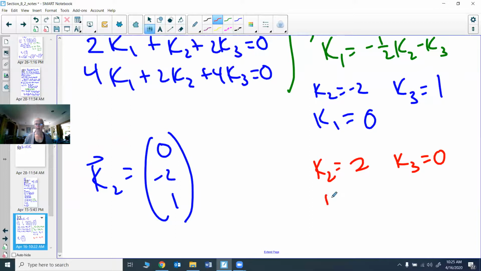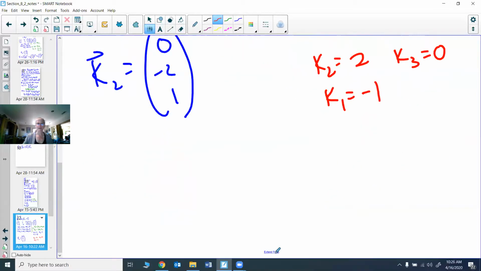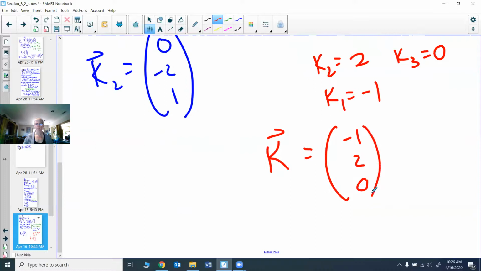And then what happens is K1 would be -1/2 times 2, which is -1, plus 0 is -1. I mean, I could have picked totally different values also for these. But what I end up with is this time I find out that my K, and I'm going to give it a subscript just yet, my K is -1, 2, 0.